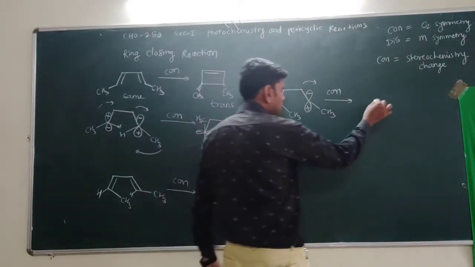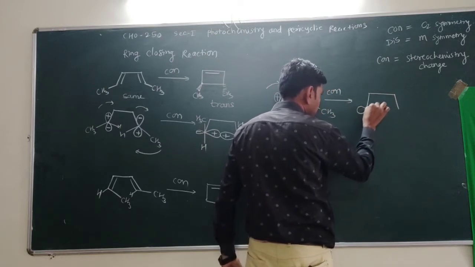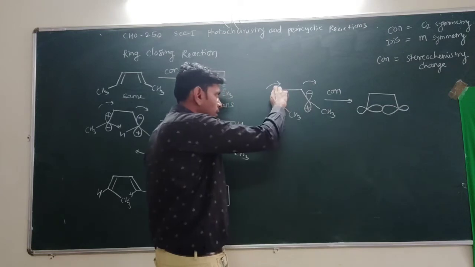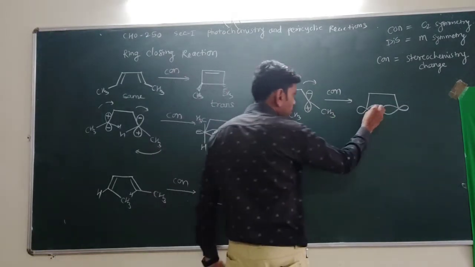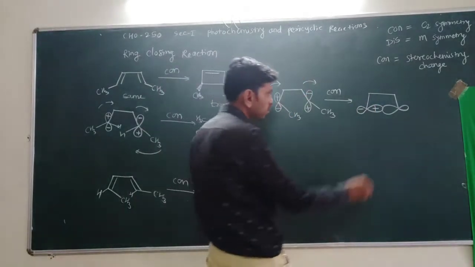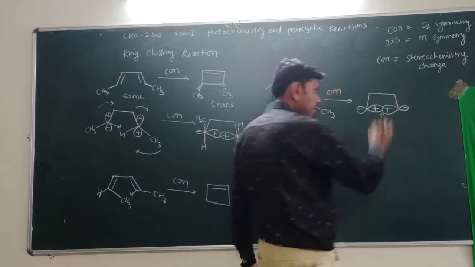When we rotate clockwise, see the new bond formation: the plus sign comes here, where there is a bonding overlap, and the negative sign goes here.